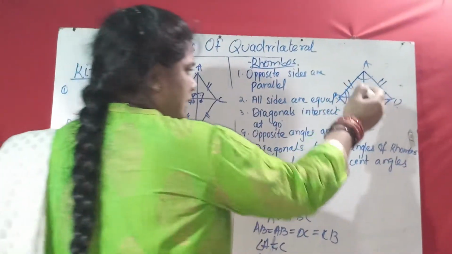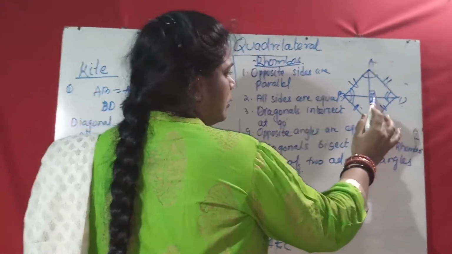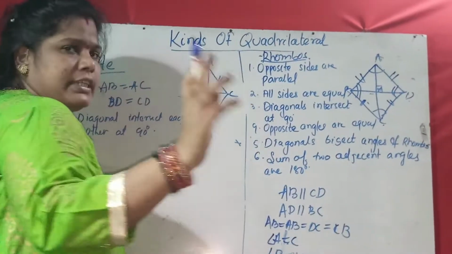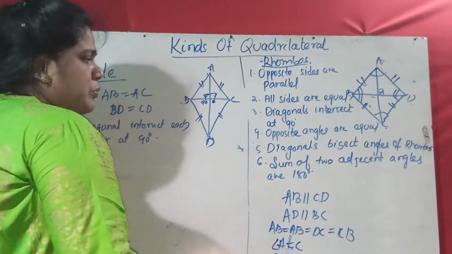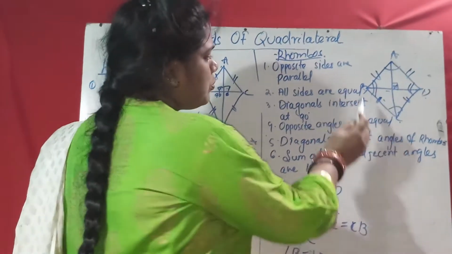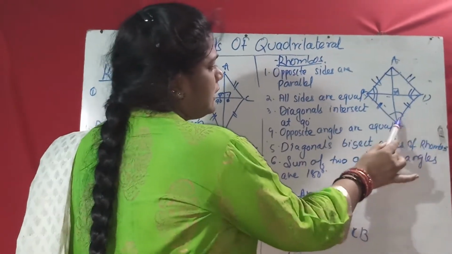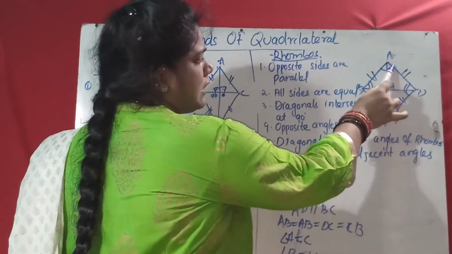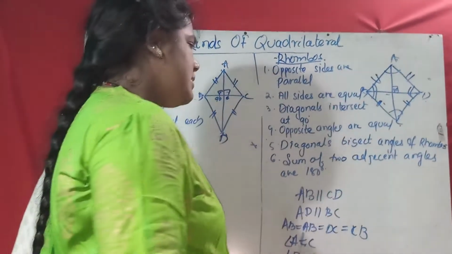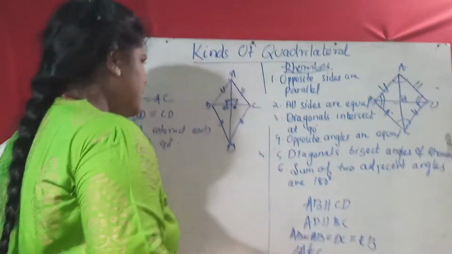They also bisect each other, BO equals DO, AO equals CO, creating 90 degrees. Then the sum of two adjacent angles is supplementary, or 180 degrees: B and C, C and D, D and A, A and B are each 180.